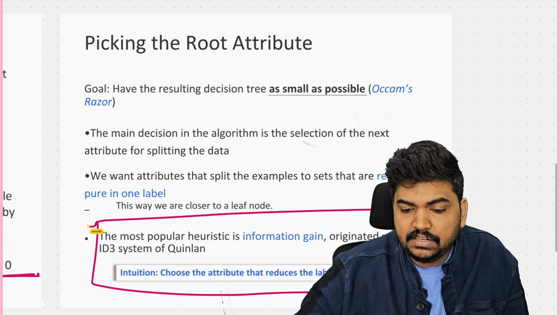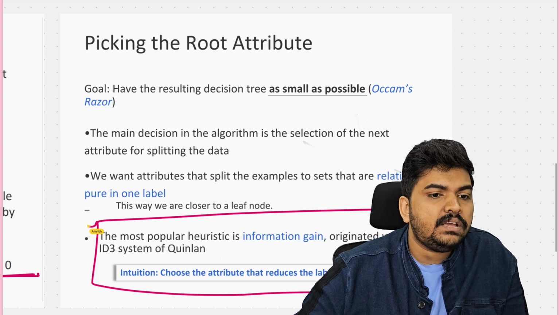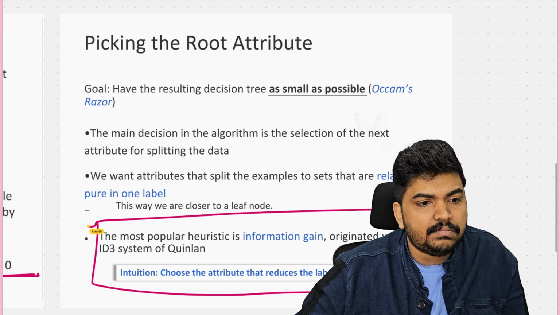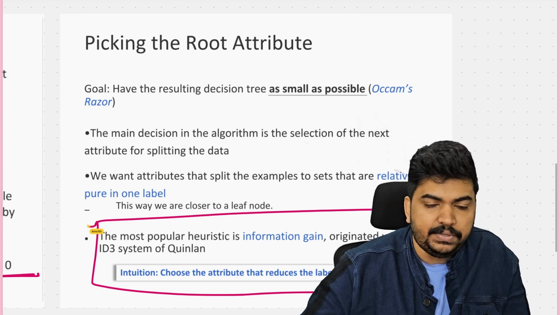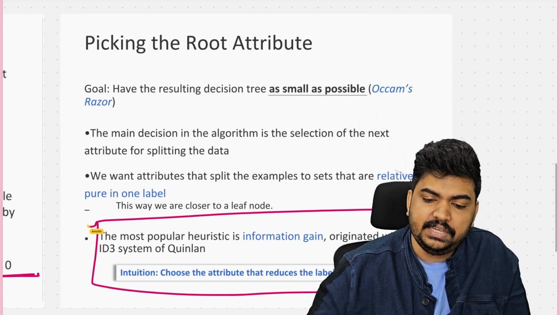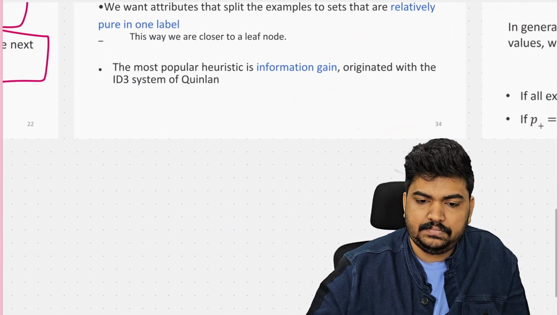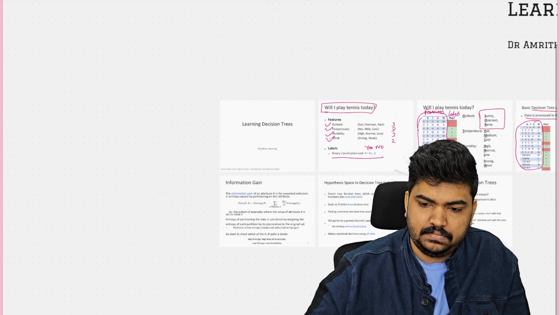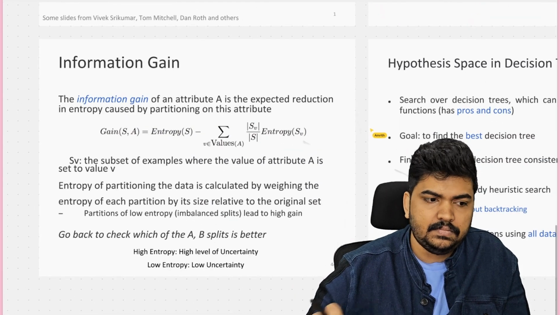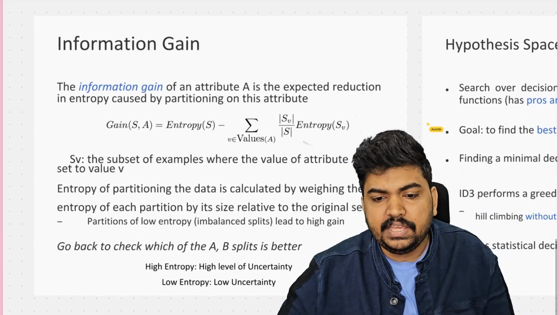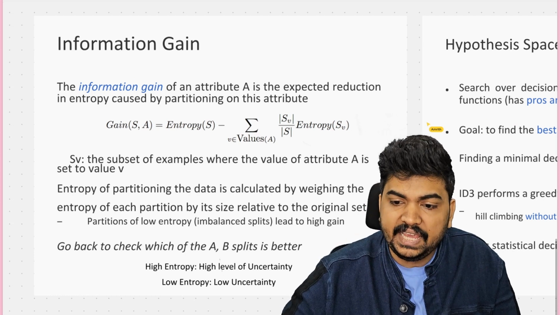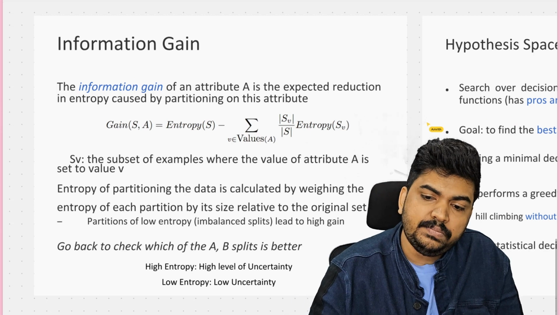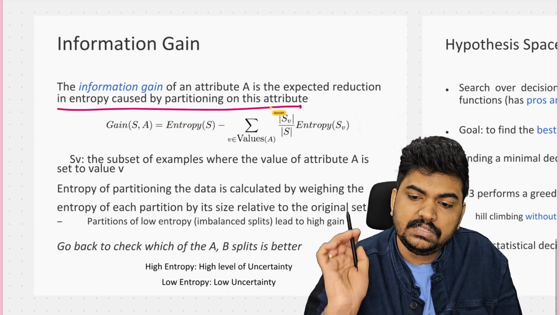So ID3 operationalizes this attribute selection, which is via reducing the entropy, using information gain. So the information gain of an attribute A is the expected reduction in entropy caused by partitioning on this attribute.